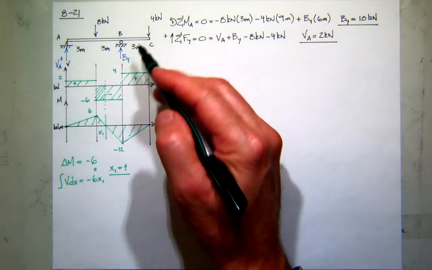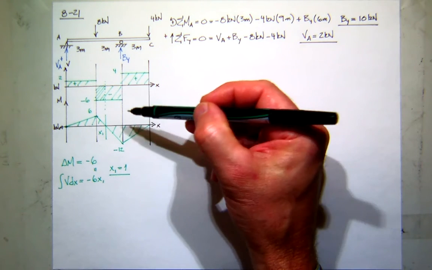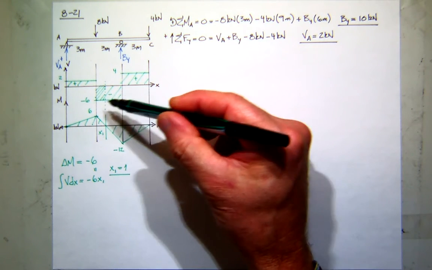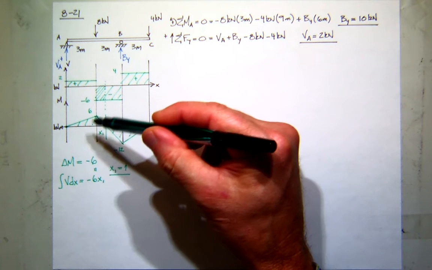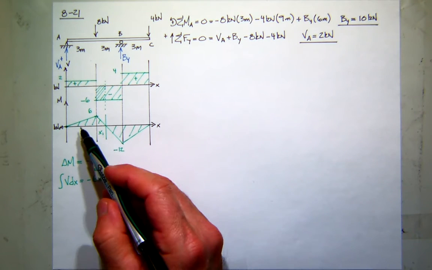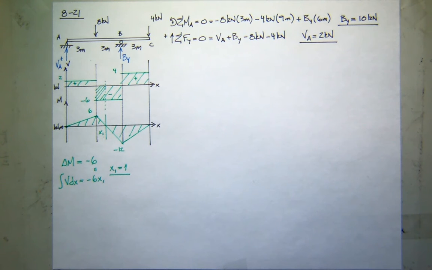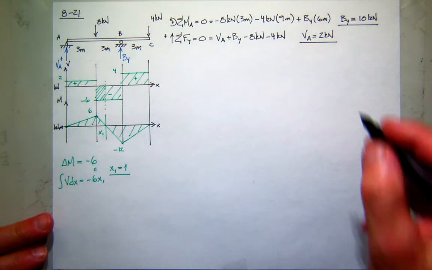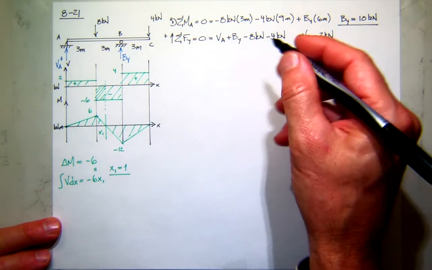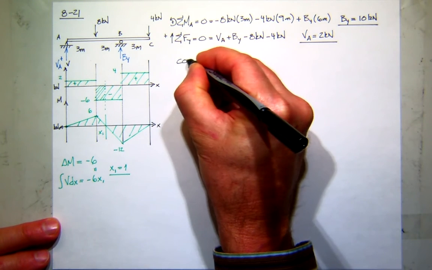So what looks like a fairly innocent problem is now developing into kind of an interesting looking moment diagram. Right? So we now have 1, 2, 3, 4 triangular loads. And we haven't even gotten started yet. But now we are. So what's the conjugate beam of this thing look like?